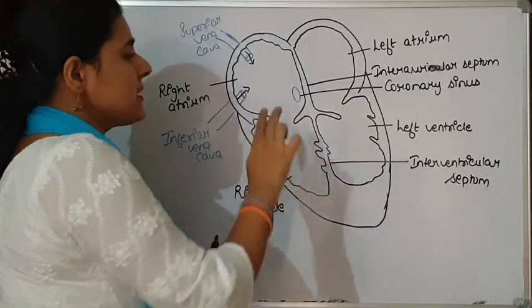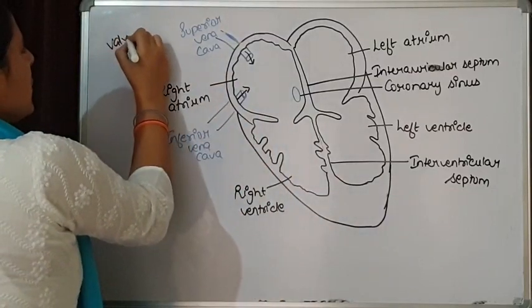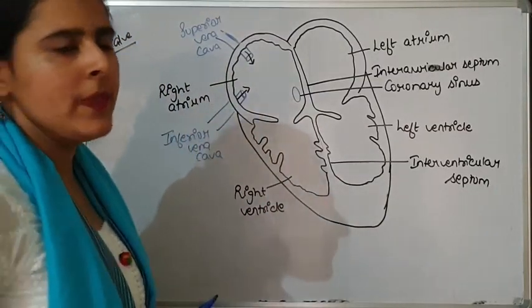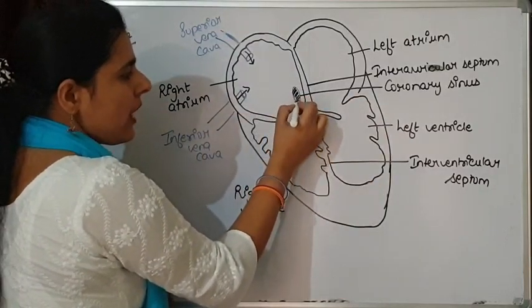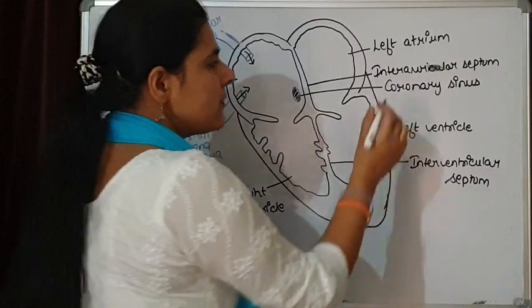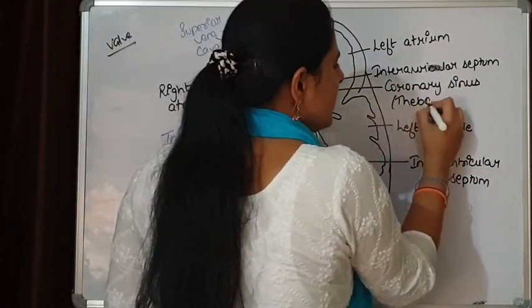Out of these three openings, two have a valve present over their opening. Over the coronary sinus a valve is present, and this valve is the Thebesian valve.